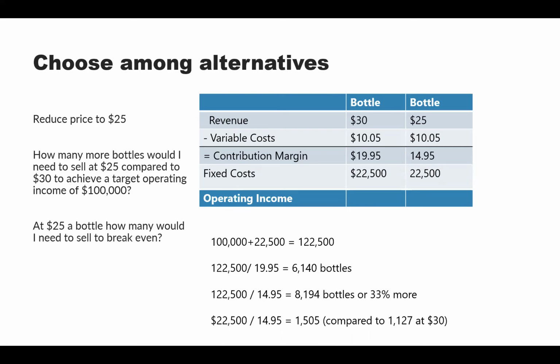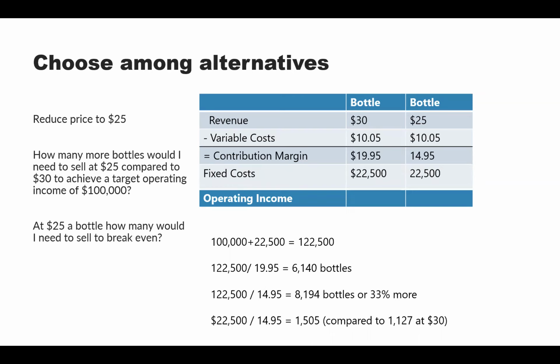I now have to sell 8,194 bottles, or 33% more, at $25 a bottle to have the same operating income at the end. And then to break even, I would have to sell 1,505, compared to the 1,127 at $30.